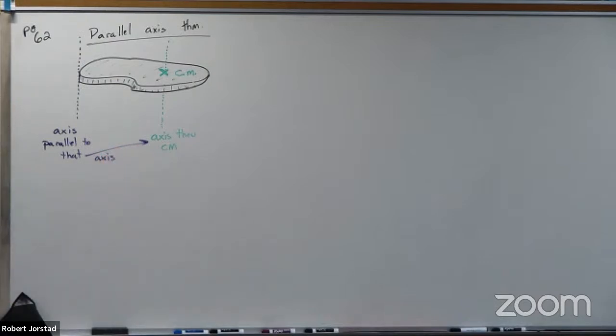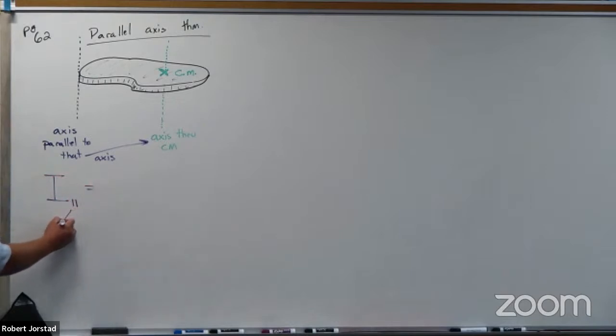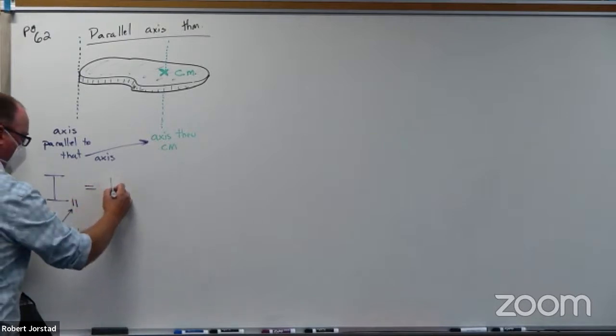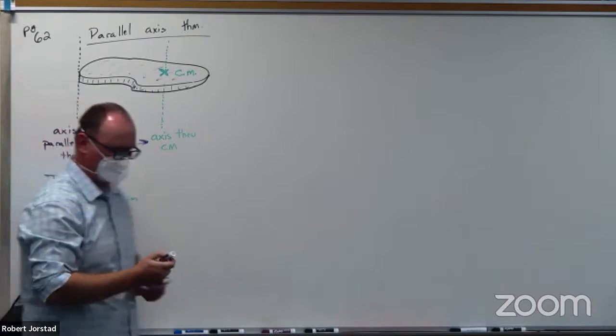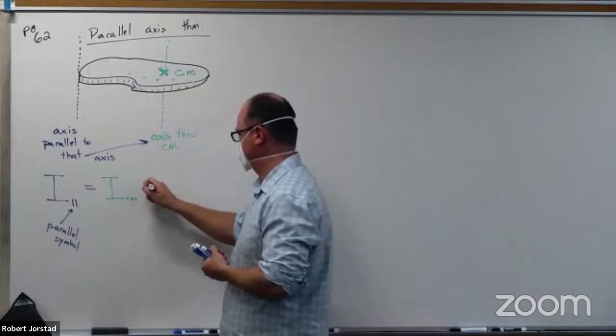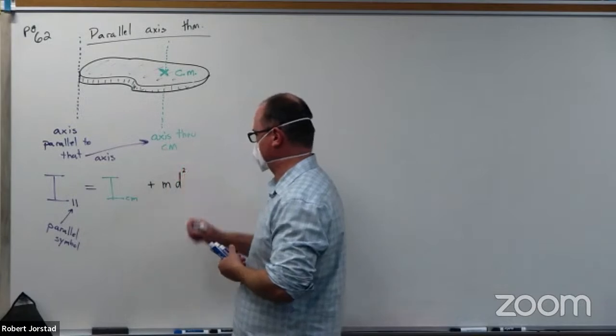Okay? We are going to learn the I about the parallel axis. So that's the parallel symbol, not 11. Is equal to the moment of inertia about the center of mass plus mass times distance squared.